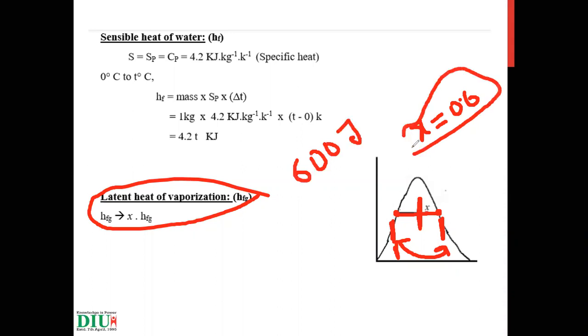What does it mean? It means that this 600 joule is required when you convert the total water to total steam. But x equals 0.6 means 60% of water has converted to steam. So will I require 600 joule or less, my student?